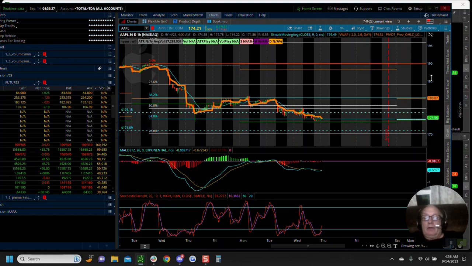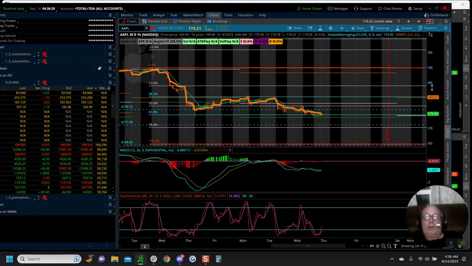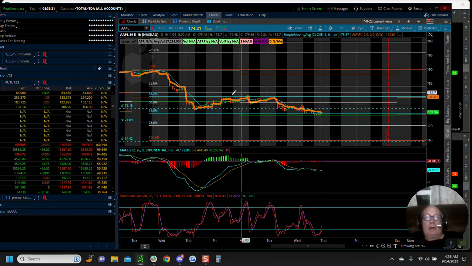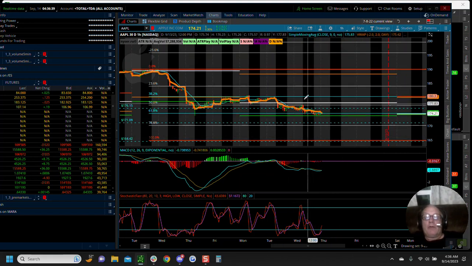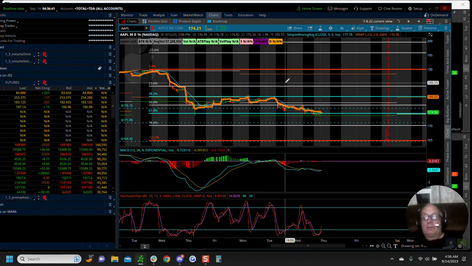That's my full analysis here, and I drew my fibs to where they are potentially lining up, and that gave me the projection down to 165. That just gives you a quick and dirty look.